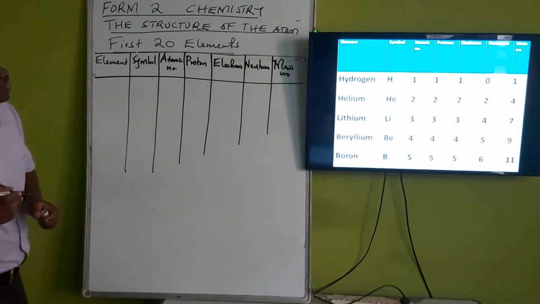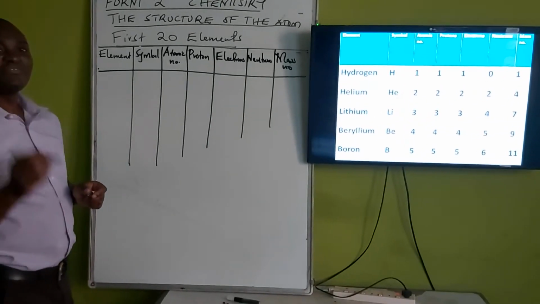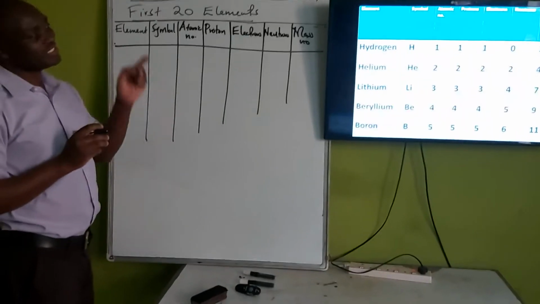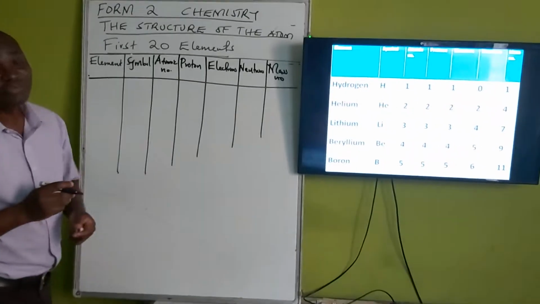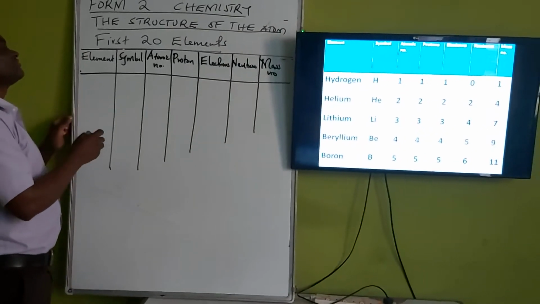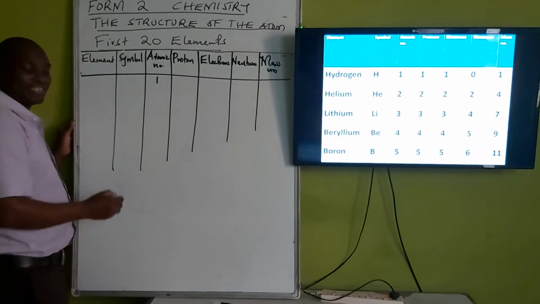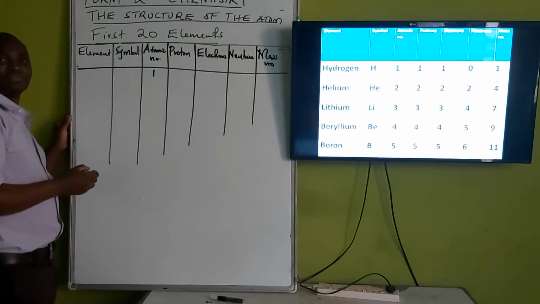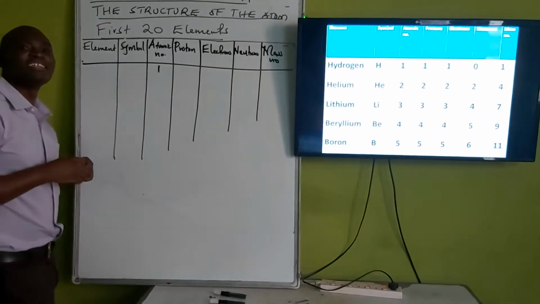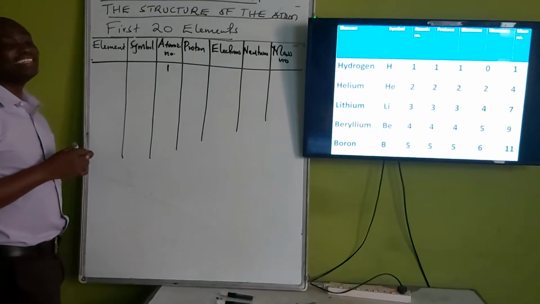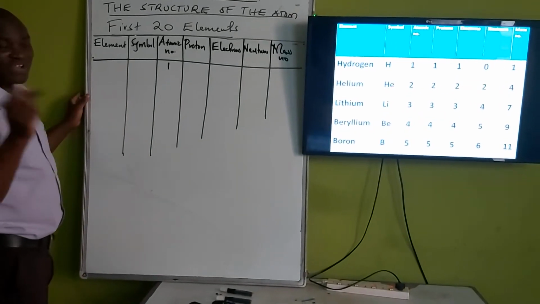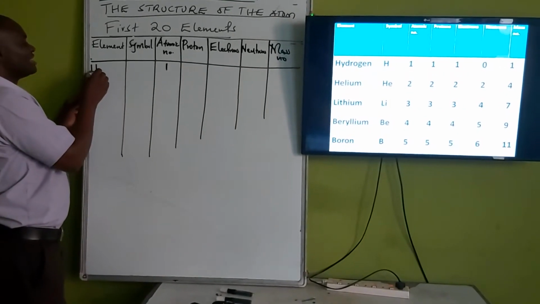Yes, so we are going to look at the first 20 elements, and it is advisable that you know these elements in the order in which they appear. That is from atomic number 1 up to number 20. And remember, atomic number is the number of protons in the nucleus of an element. So the first element is normally hydrogen.